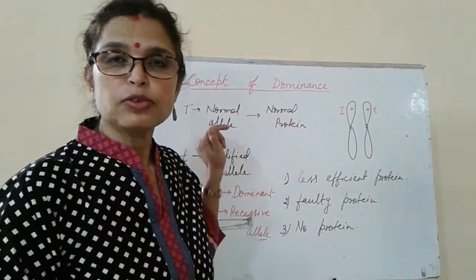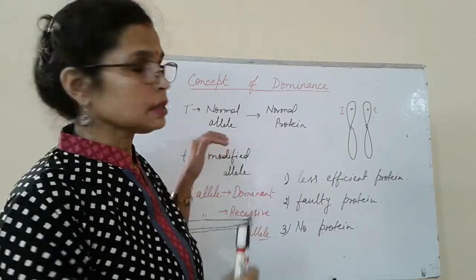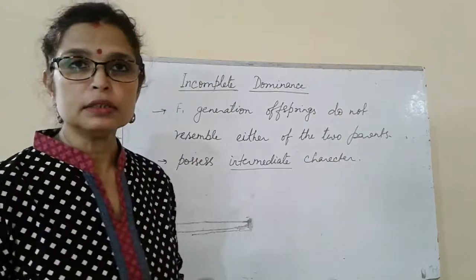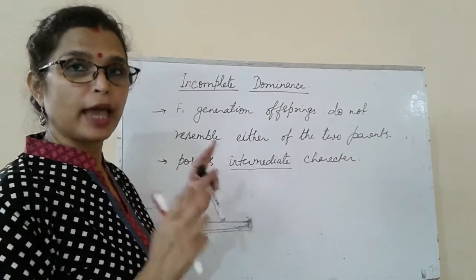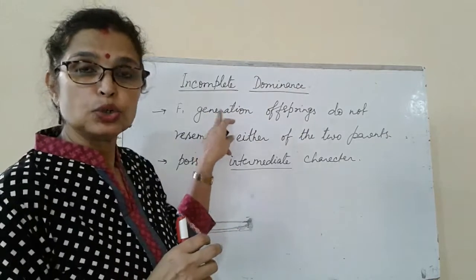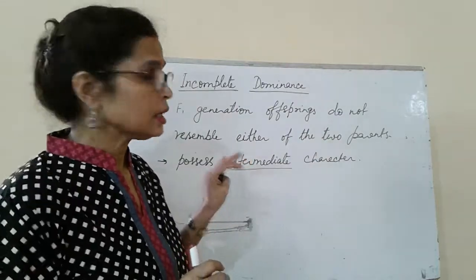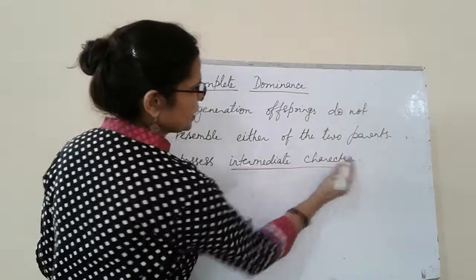After the concept of dominance, now we will study the incomplete dominance, the variations of Mendel's principles. Incomplete dominance is a phenomenon in which the offspring of the F1 generation do not resemble either of the two parents. They possess intermediate characters.